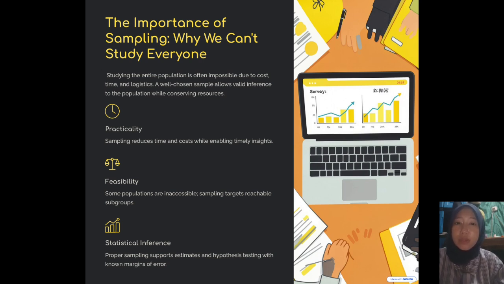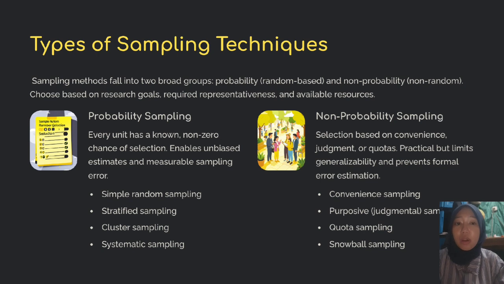Sampling helps you save time and cost, makes research more practical, and still allows you to draw conclusions about the whole population. As long as the sample is chosen properly, the result can still be accurate and reliable. Okay, next slide. Types of sampling techniques.